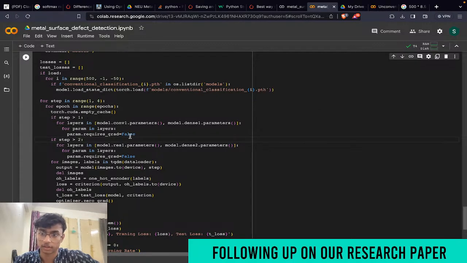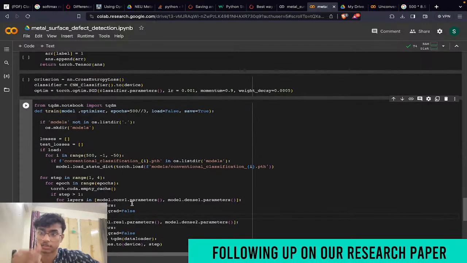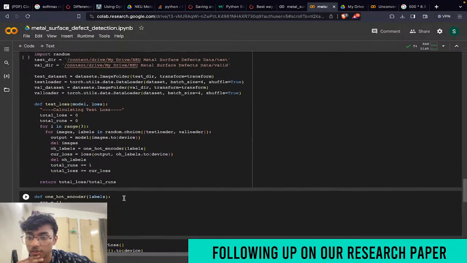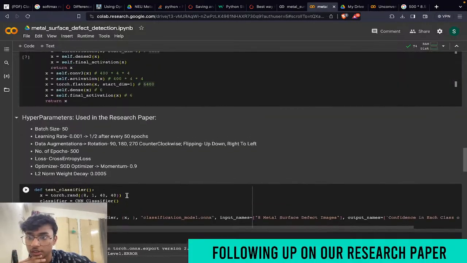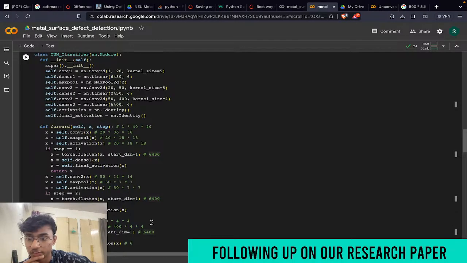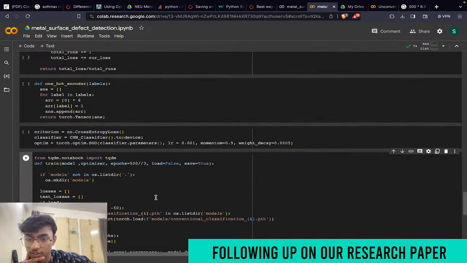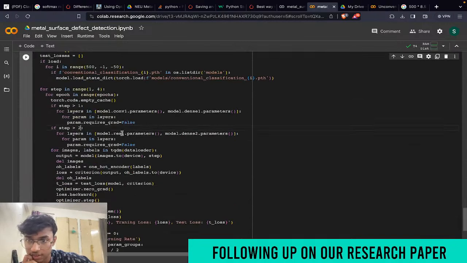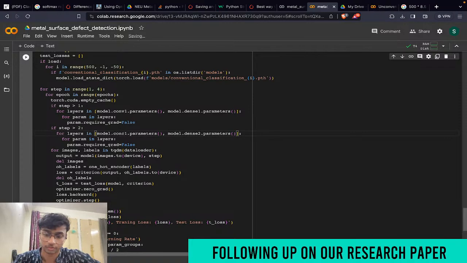We'll freeze the layers. Cone 1. Oh wow, coincidentally, the names are also the same. Cone 1, cone dense 1. After that, we'll freeze cone 2 and dense 2.